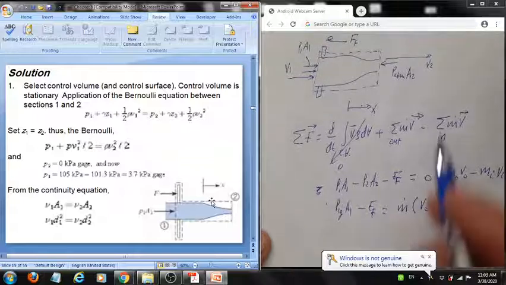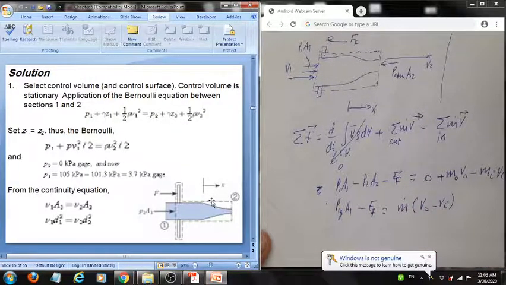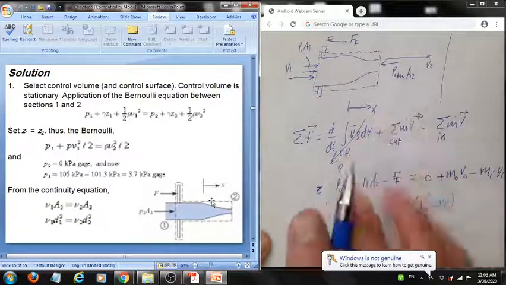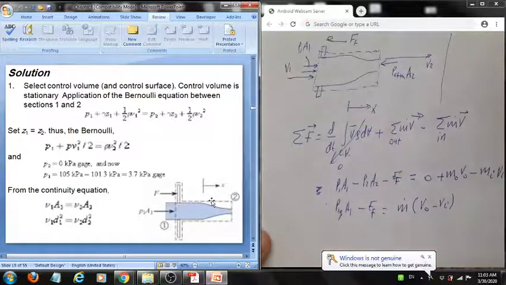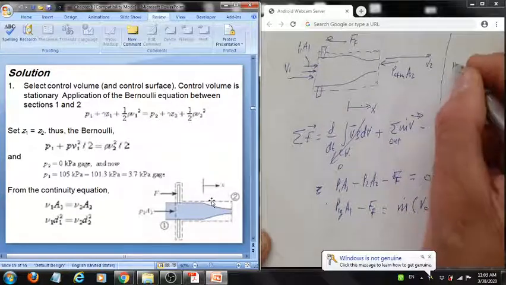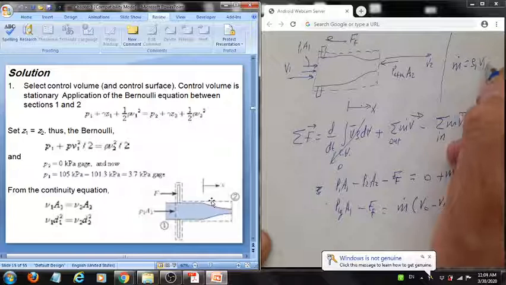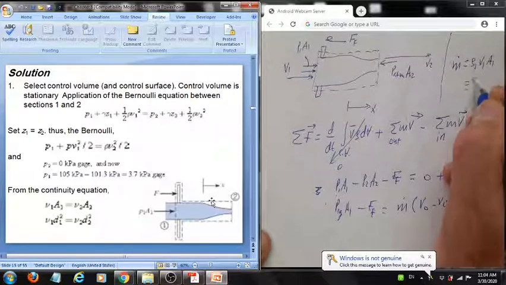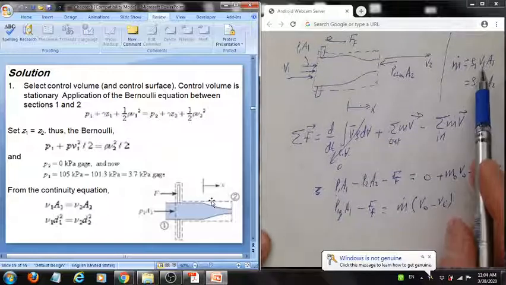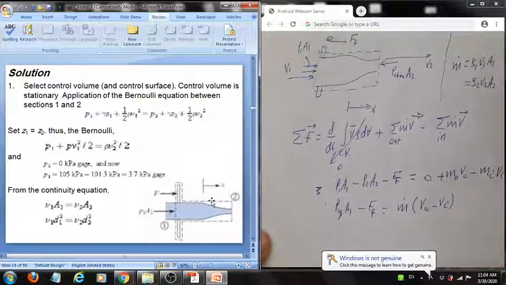Now what's the m dot? We can recognize that m dot is equal to rho 1 V1 A1, and also it's equal to rho 2 V2 A2. But we don't have the velocity V1, so how do we get it?